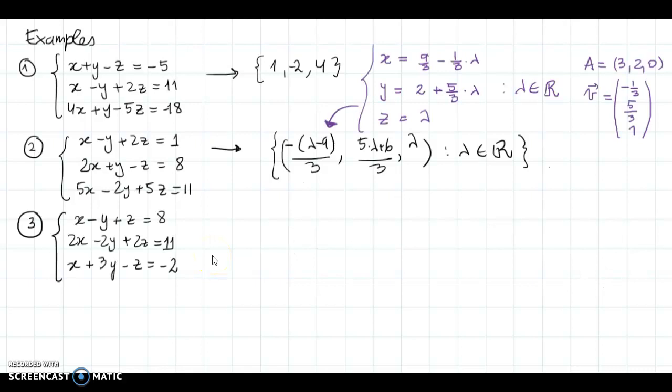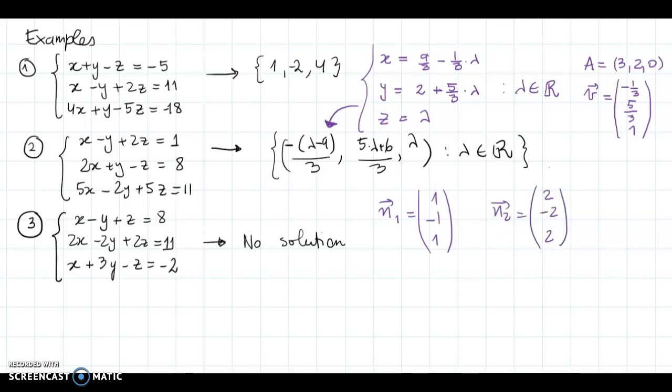Now you should try to solve the third of the examples in the calculator. And your calculator will tell you that there is no solution for the system. So we are in one of the cases where we end up not having any point of intersection for the three planes. If you look carefully at the first two equations in our system, you will see that the first plane has a vector normal to it 1, minus 1, 1, while the second one has vector normal to it 2, minus 2, 2.